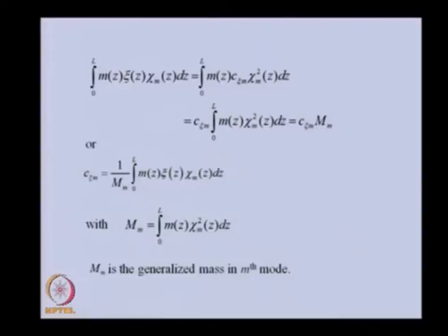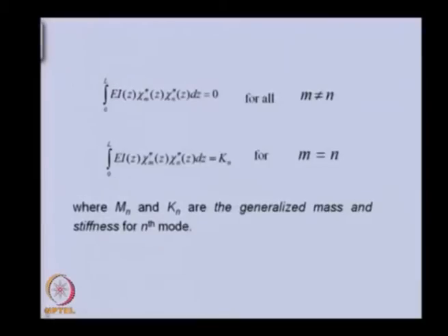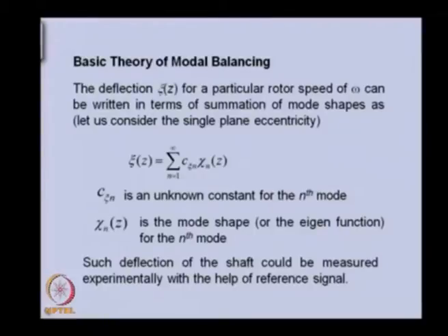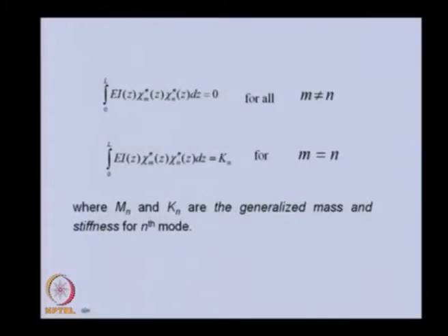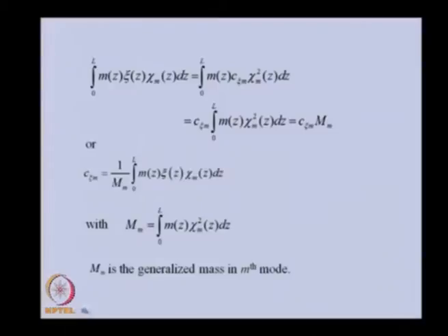So, m we have taken to this side. This is the unknown constant, where the modal mass we define like this integral. Now you can see we could get this constant which was there in the chosen series of the response, using this analysis.